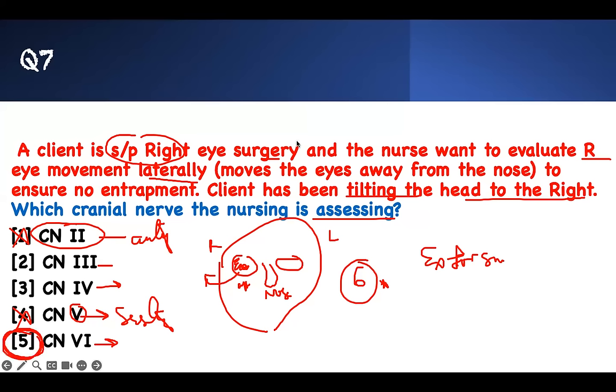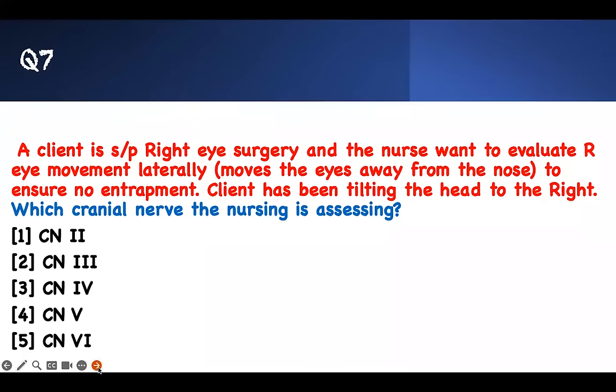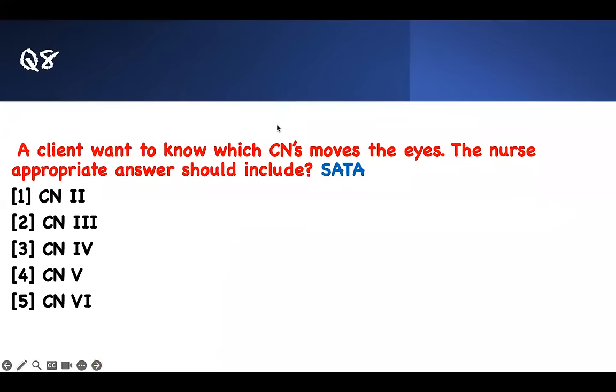This is the hard one. So select or apply, same thing, right? Strategy. The next appropriate answer should include, okay, the client wants to know which cranial nerves move the eye. I already gave you the answer. There's only 3 of them.